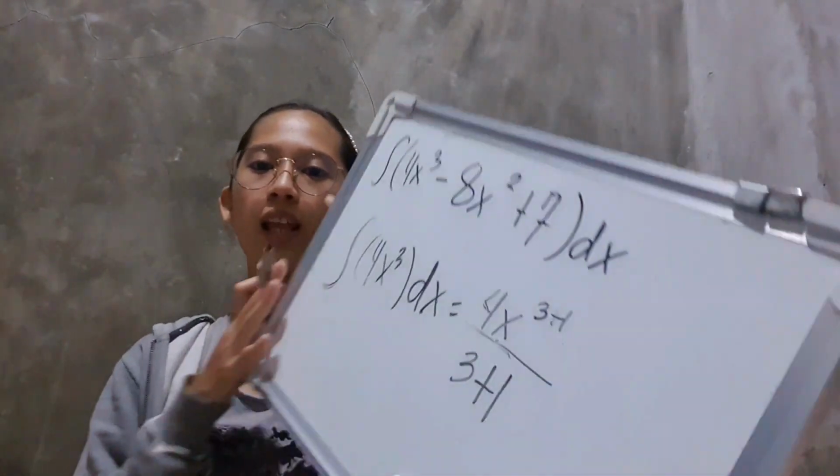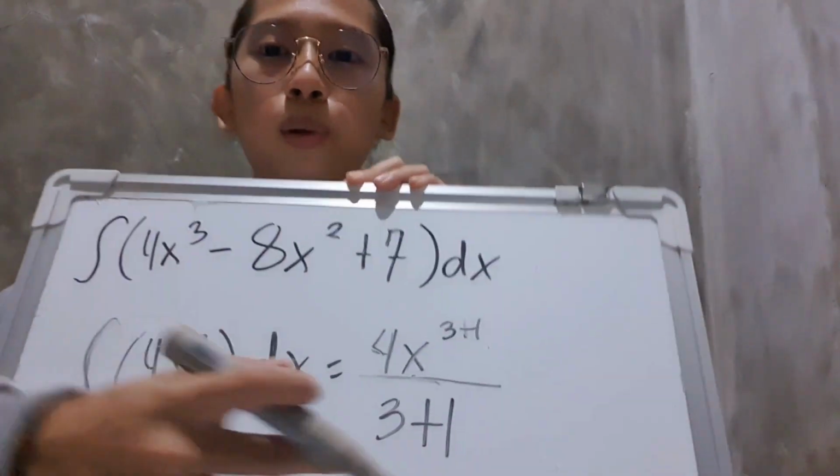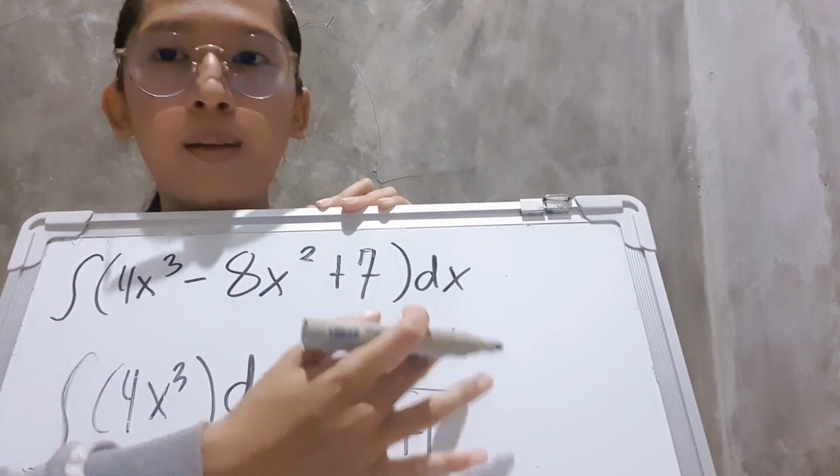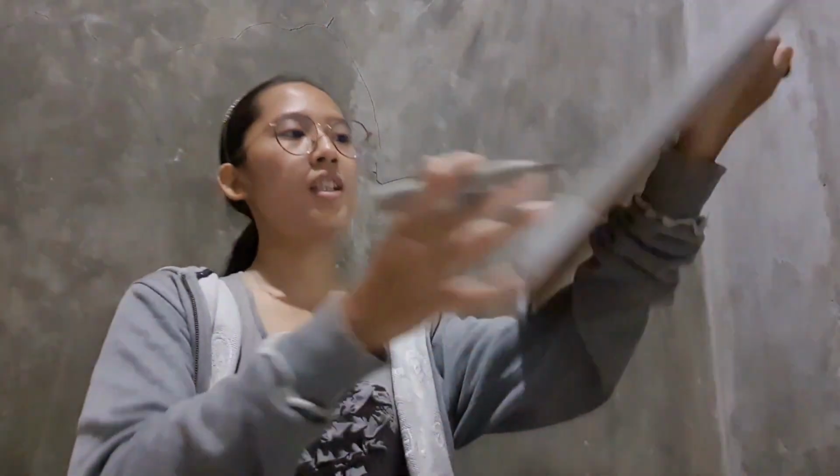Then we add 1 to the exponent, so it's going to be equal to 4x to the power of 4 over 4.